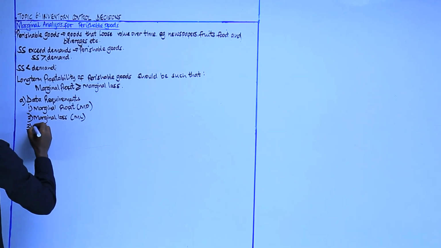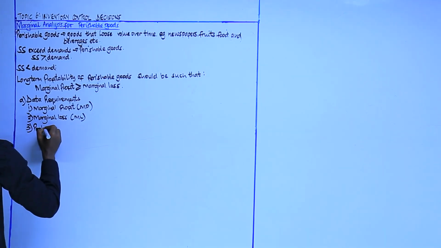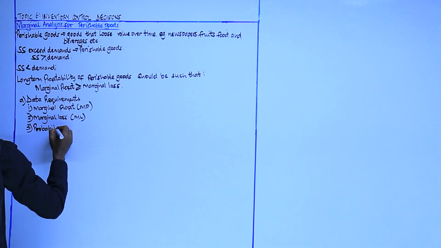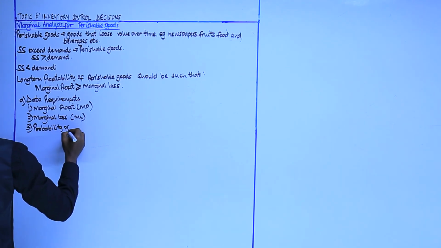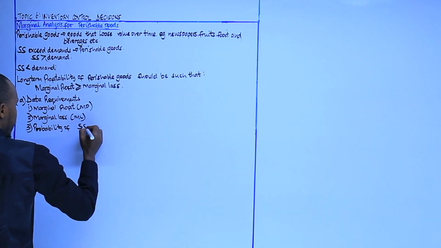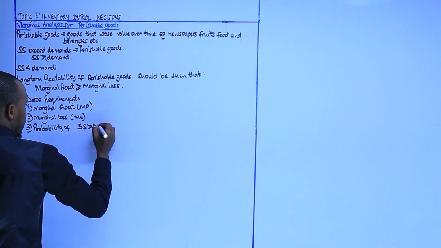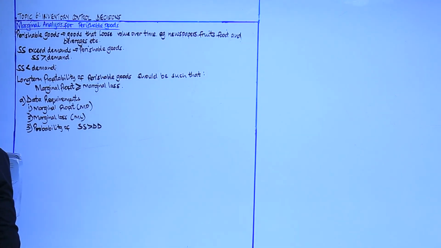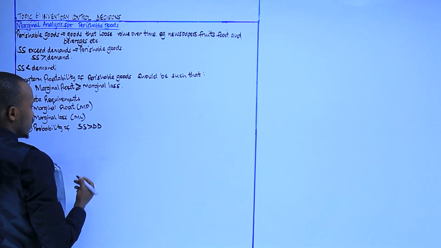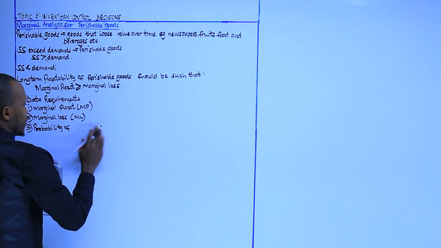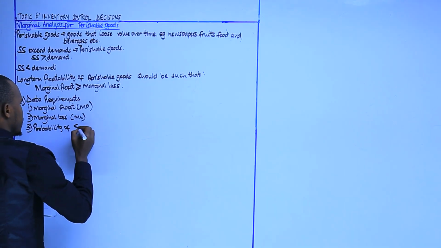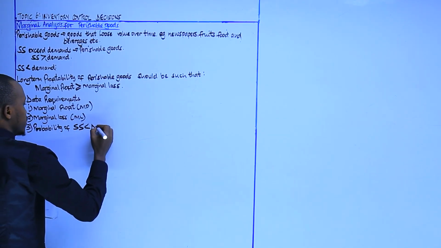Then you must have the probability of demand being greater than supply, that is, of supply being lower than demand.